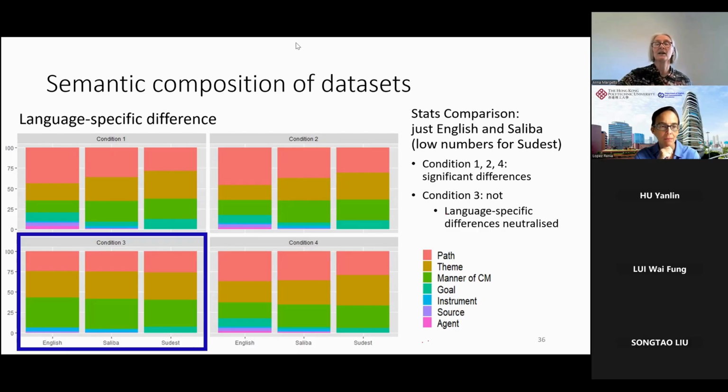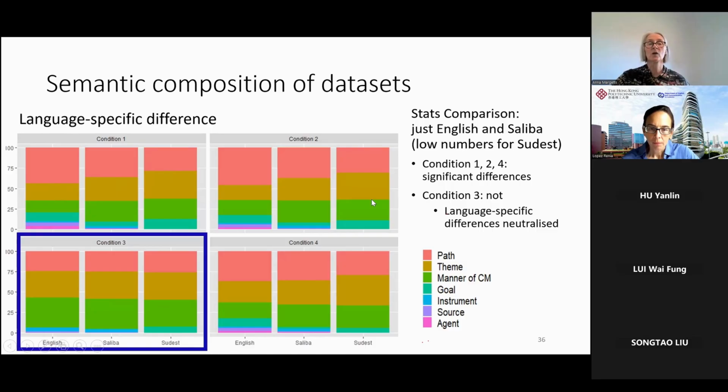We find between conditions 1, 2, and 4, the ones that are not framed, significant differences between the languages in terms of how many path gestures are included under condition 1 in English versus Saliba versus Sudest, or how many theme gestures were included in English versus in Saliba versus in Sudest.